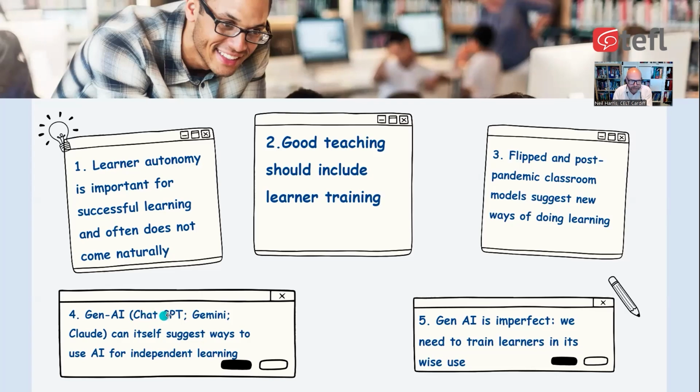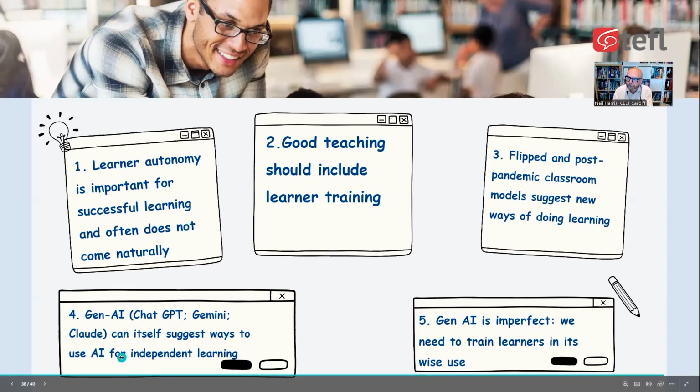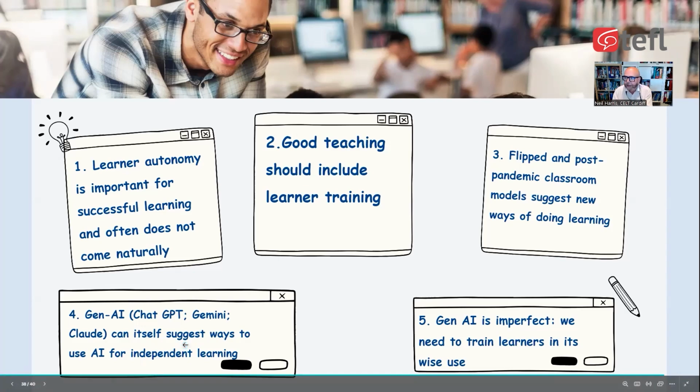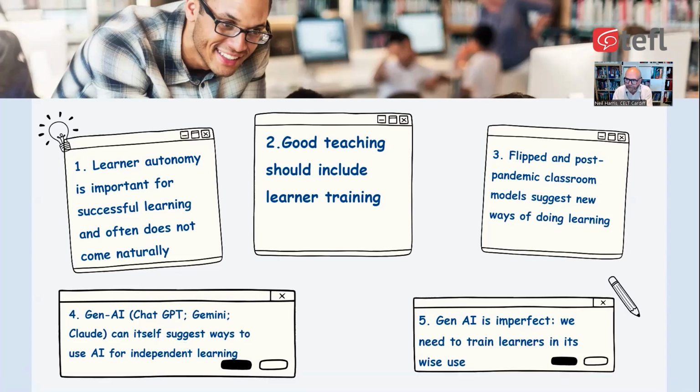Generative AI itself, ChatGPT, Gemini, I've not mentioned Claude, but an open access large language model. All of these can provide ideas for and set up answers to questions about encouraging and then implementing independent learning.